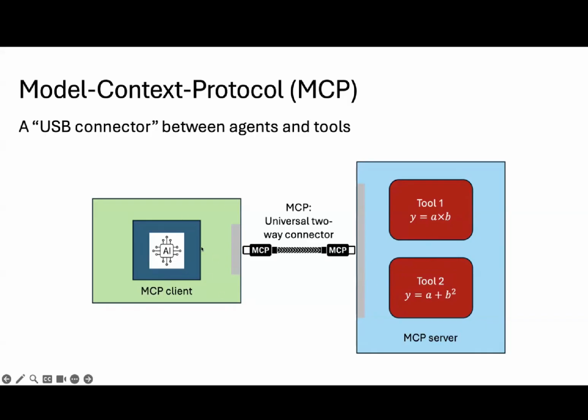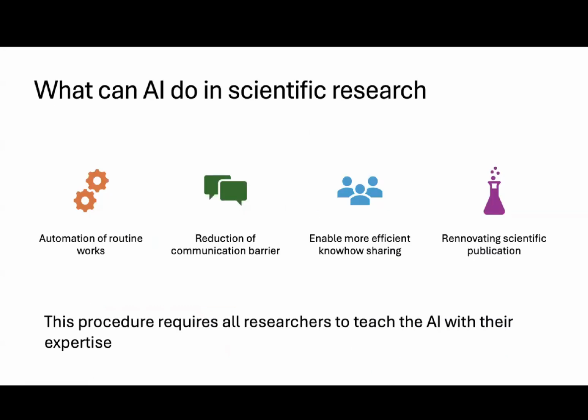And then the AI agents like Claude and GPT focus on the left part and just make sure it's connected to the USB, right? As long as you write your code in this form, which is called an MCP server, and the AI companies write their code in the form of an MCP client, then you can connect between them, and that makes it much easier for many more people to contribute to building AI agents.